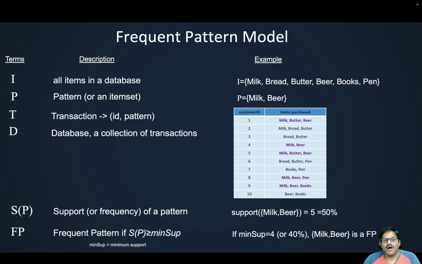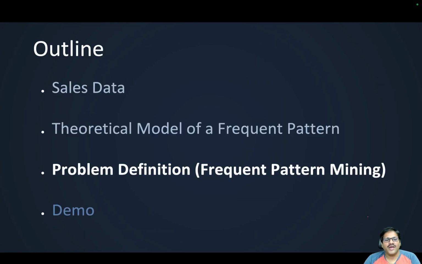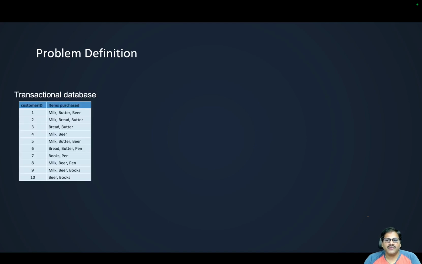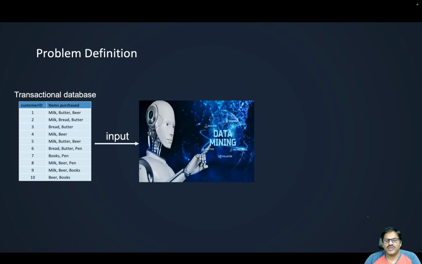To discover all such frequent patterns in a database, we have a problem definition. When we look at the problem definition, first we will have a transactional database or sales data. This data we will provide to the data mining algorithm, or a frequent pattern mining algorithm in our case.